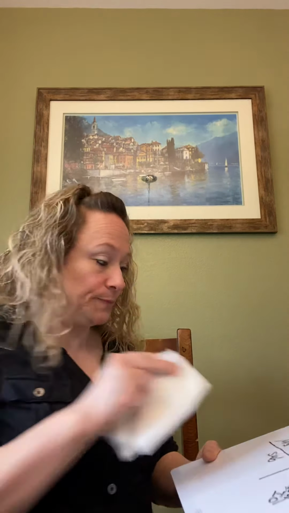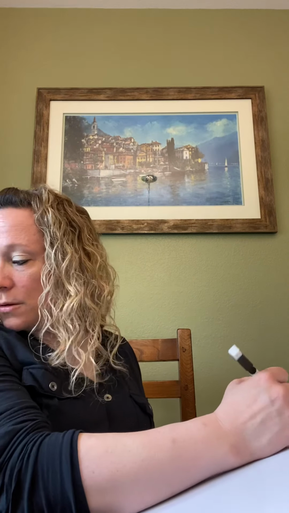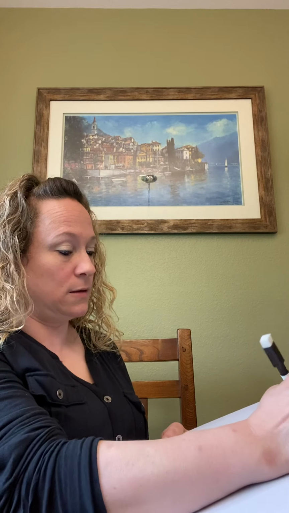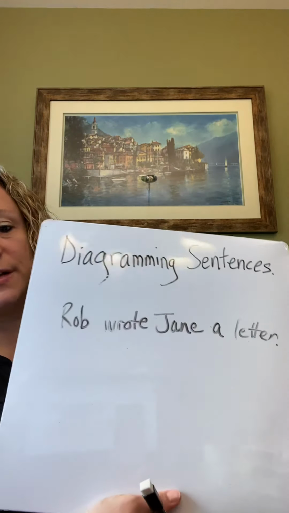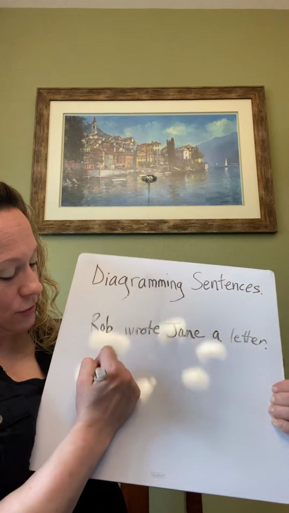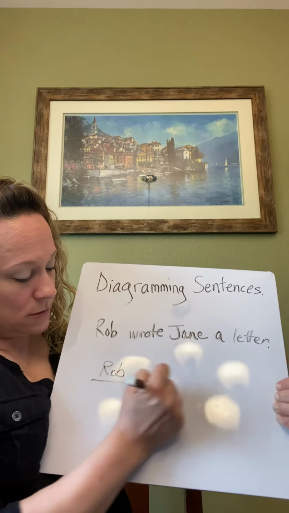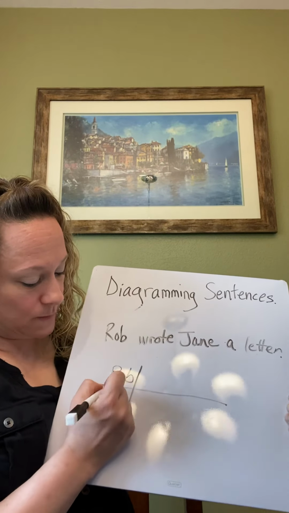I have 2 more. Hopefully these help you, and seeing them on that attached document hopefully helps as well. So Rob wrote Jane a letter. Okay, so there's our sentence. So Rob again is your subject to start.